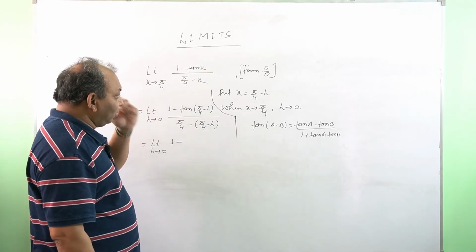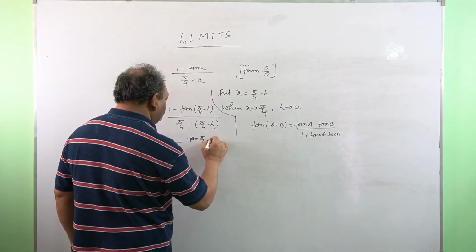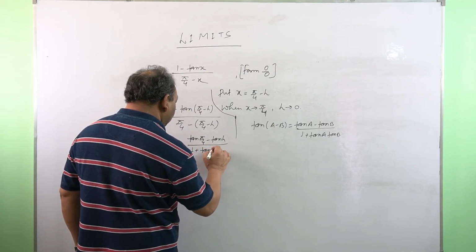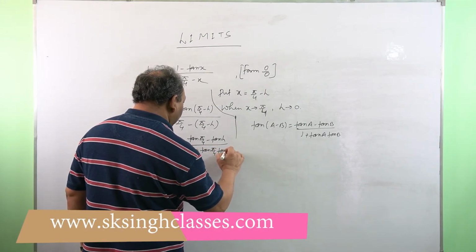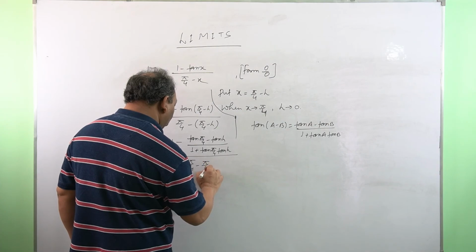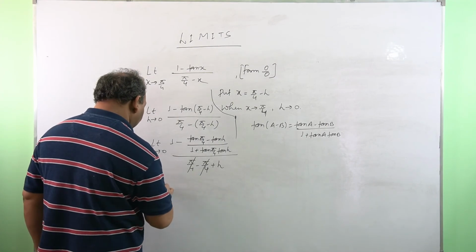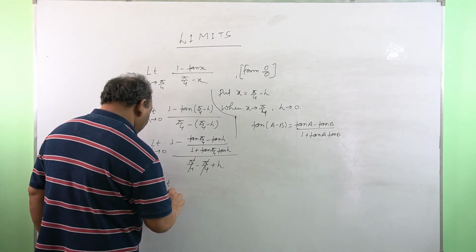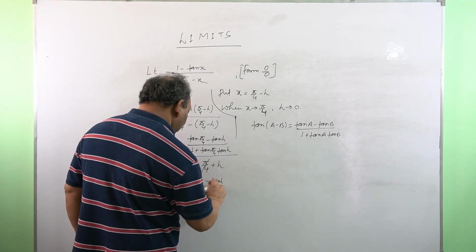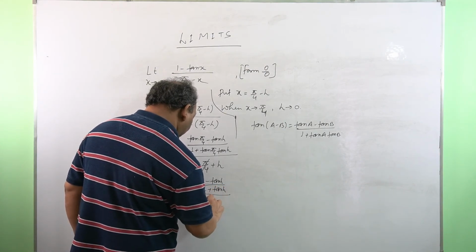So tan (pi by 4 minus h) becomes (tan pi by 4 minus tan h) divided by (1 plus tan pi by 4 into tan h), whole divided by h, since pi by 4 minus pi by 4 plus h cancel out. So we can write limit h tends to 0, (1 minus (1 minus tan h) divided by (1 plus tan h)) whole divided by h.